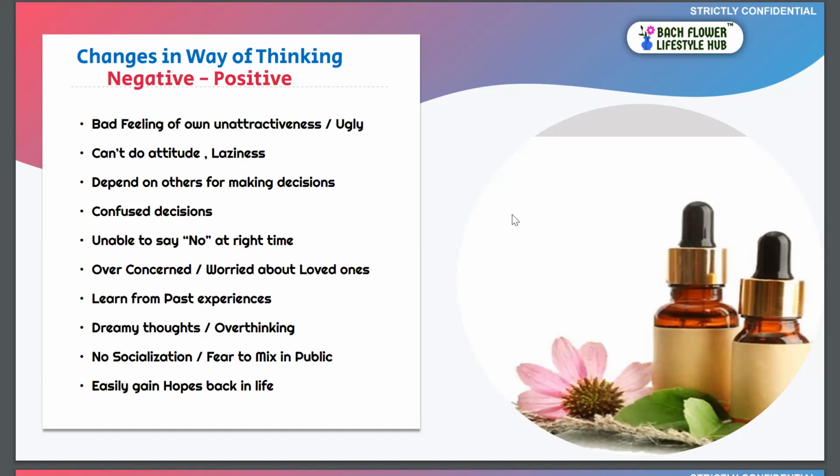especially for people who have any kind of disabilities in their body or mind. They should not feel guilty about that. We can help them using the remedies to feel better and feel confident about the factors which are positive.